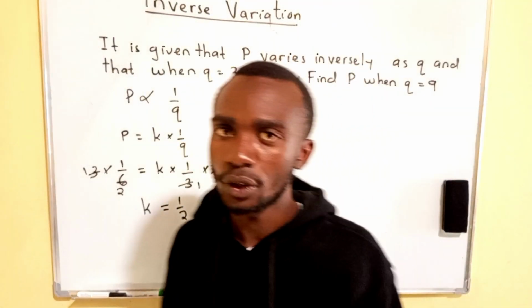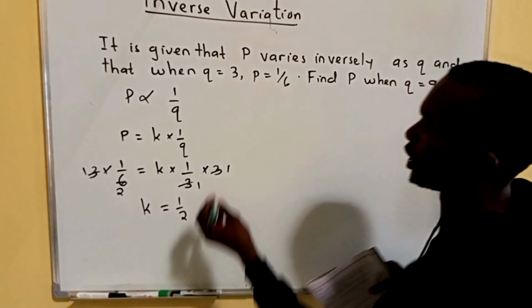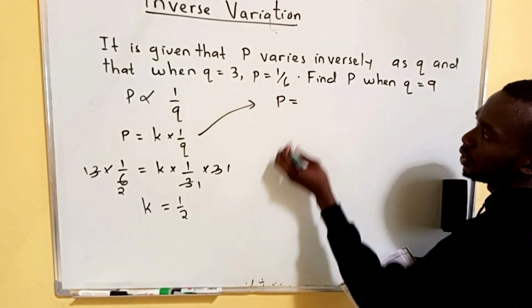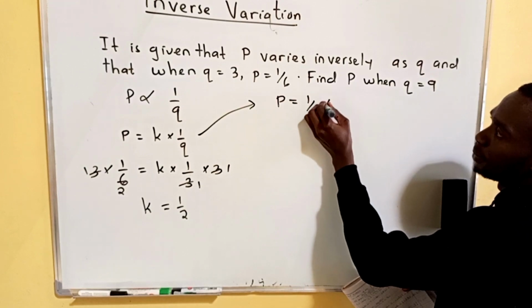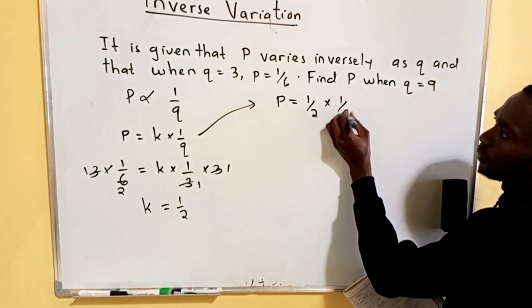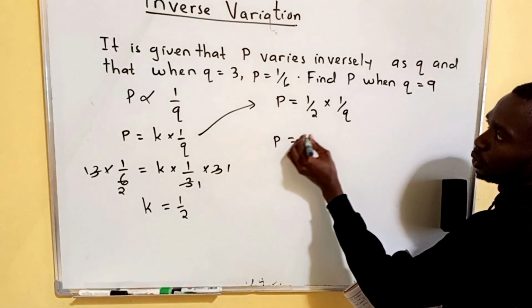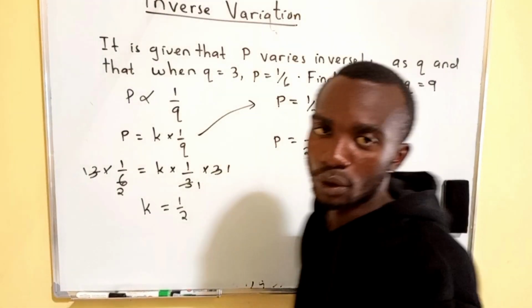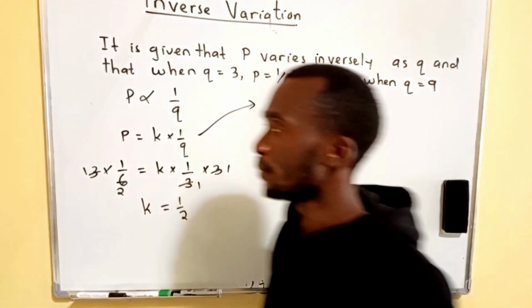Now to rewrite the equation connecting the two variables, p is equal to k, which is a half, multiplied by 1 over q. So p is equal to 1 over 2q. A half was the constant of proportionality.